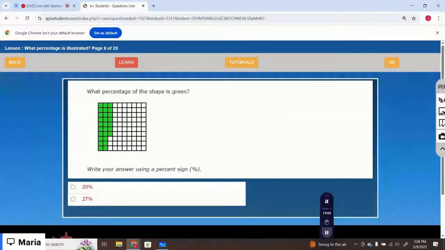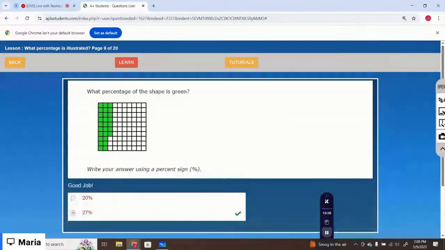What percentage of the shape is green? So, which is the correct option? That is 27%. Option number two is the correct option. 27% of the shape is green.